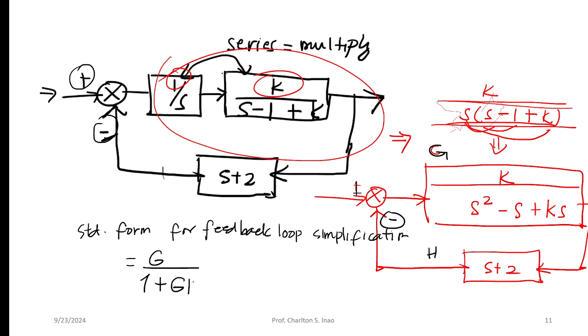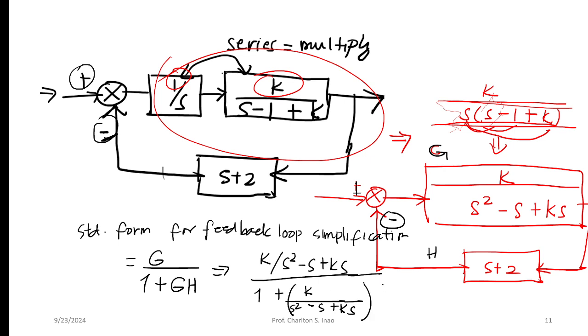Then G times H. Okay? So what will happen is this: G, which is K over S squared minus S plus Ks, divided by 1 plus G, which is K over S squared minus S plus Ks, right? G, then times H, which is S plus 2.